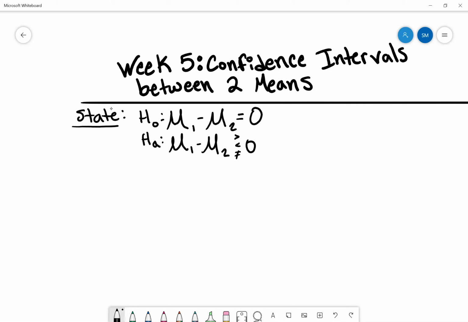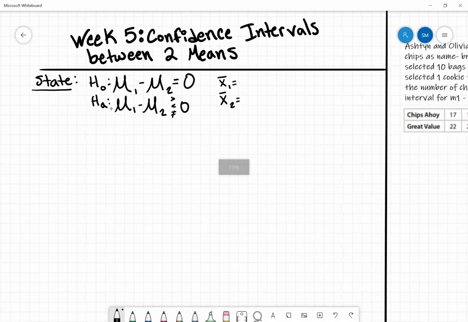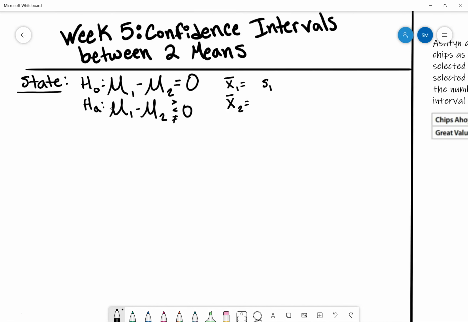In the state part, you also need to find these things. You need to find your sample mean of your first set of data, your sample mean of your second set of data, see the nifty 1 and 2. You need to find the standard deviation of your first set of data, your sample standard deviation of your second set of data.